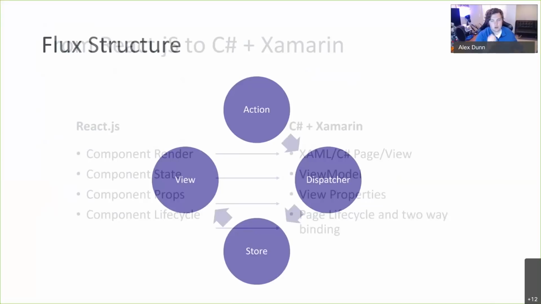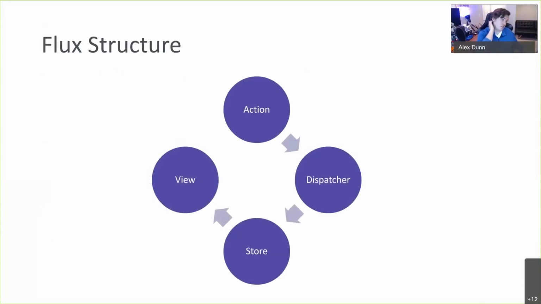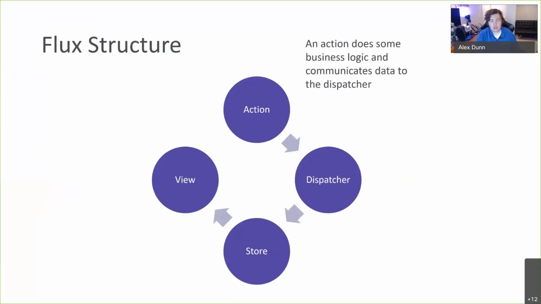So let's talk about the structure, what Flux really is. It's made of 4 main components, and that's all you have to think about. There are actions, and an action basically does some business logic and then communicates to the dispatcher, right? Our little guy over here on the right side. The dispatcher is responsible for taking information from the action. So the action does whatever it needs to and says, hey, dispatcher, dispatch this thing.